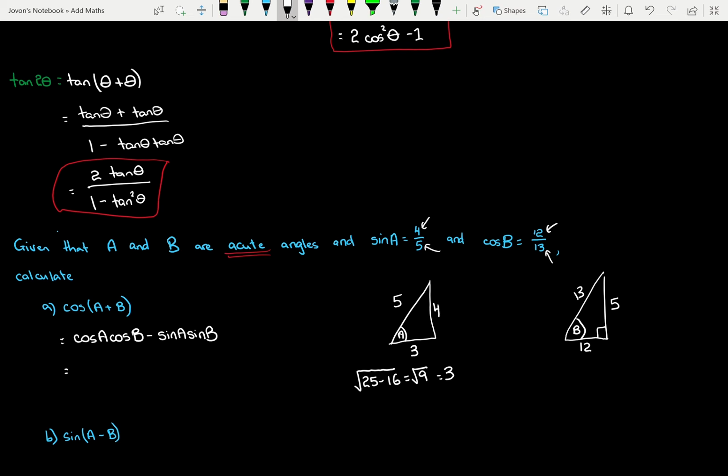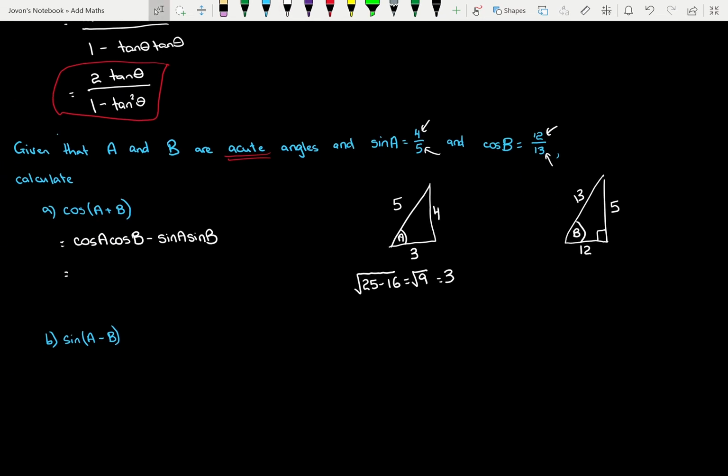So, now we can actually simplify and calculate this. Cosine A, what is cosine A? Cosine A is adjacent over hypotenuse, so it would be 3 over 5, times cosine B, which is 12 over 13, minus sine A, which is 4 over 5, times sine B. Sine B now is opposite over hypotenuse, which would be 5 over 13.